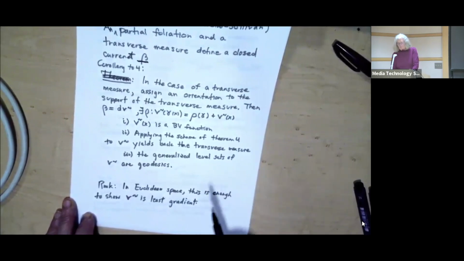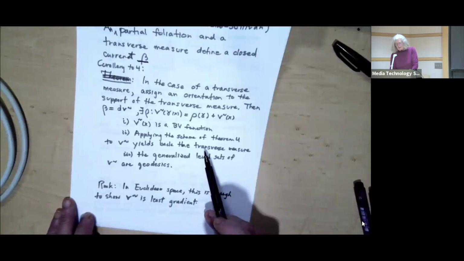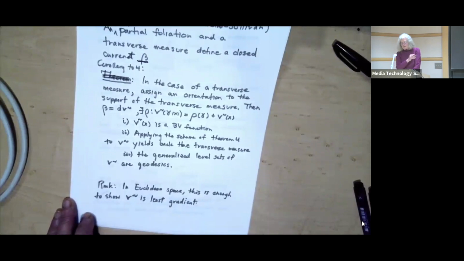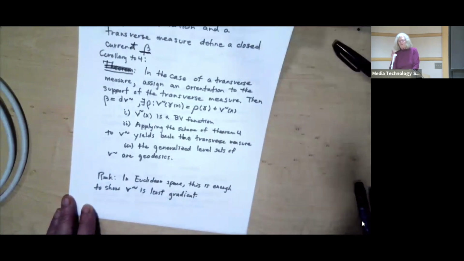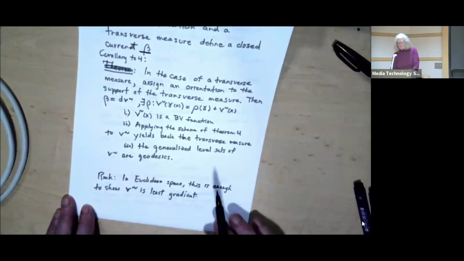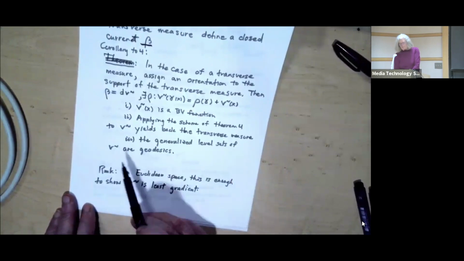It's a BV function. And if you apply the inverse scheme that we had of taking a BV function with that kind of support and constructing a transverse measure out of it, you get back the transverse measure. You had to introduce an orientation. You keep on introducing orientations and taking them out, and so forth.